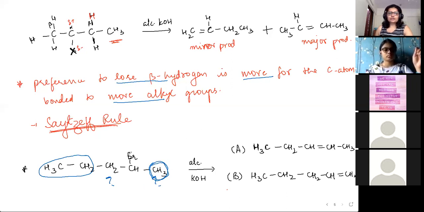So the likelihood of losing from this one is more, because more alkyl groups will stabilize it. If this loses the hydrogen, a double bond is formed between both of these carbon atoms, which is what you see in the A product. So A is major and B is minor. Got it?